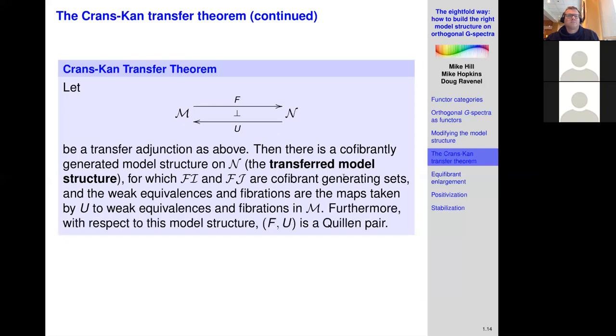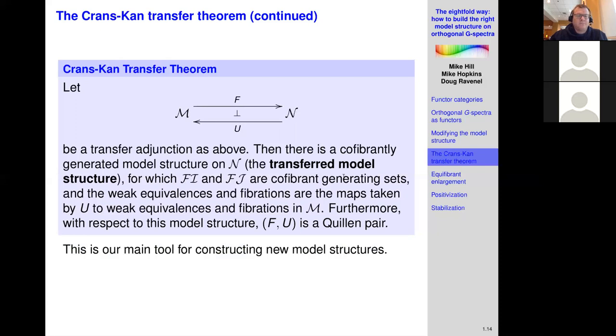And when you do that, the pair of functors is a Quillen pair, meaning that F sends cofibrations in M, in Mary, to cofibrations in Nancy, and U sends fibrations and trivial fibrations in Nancy to fibrations and trivial fibrations in Mary. And this is our main tool for constructing new model structures.